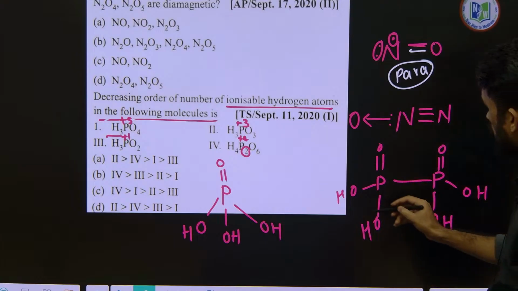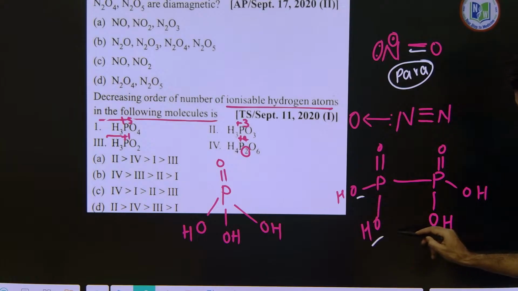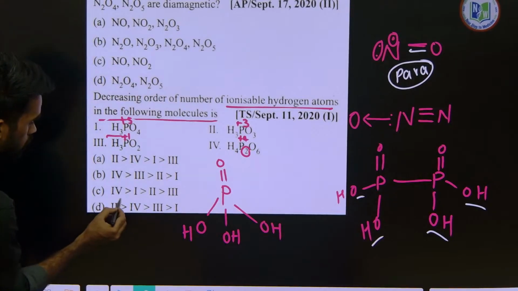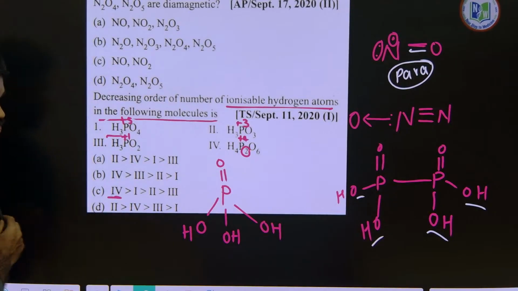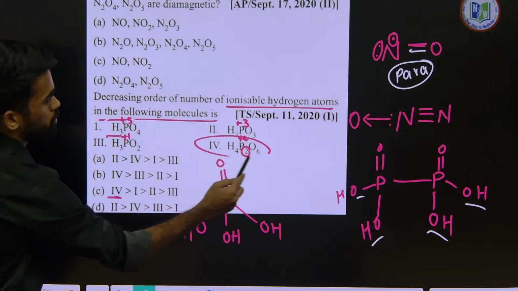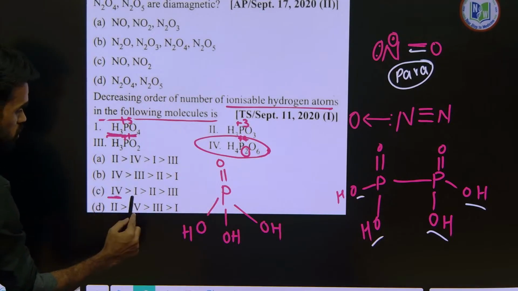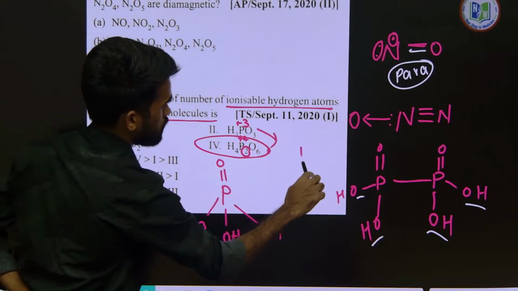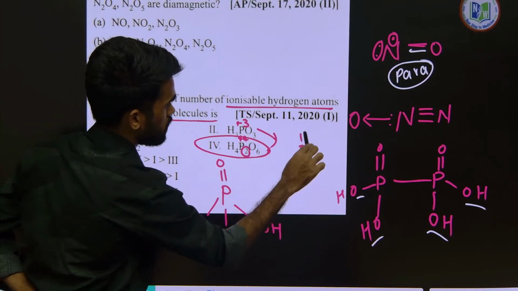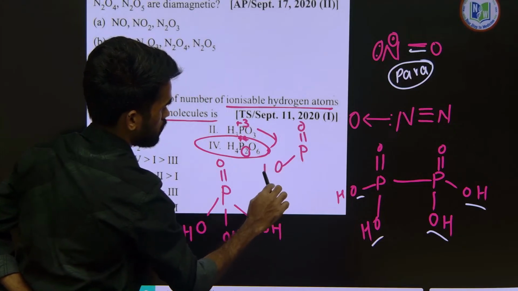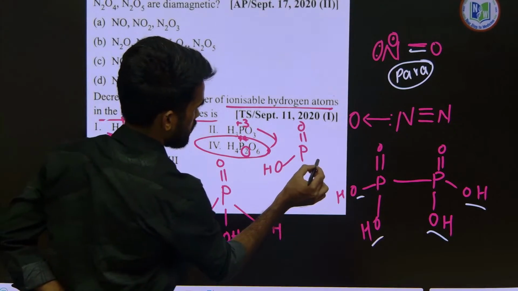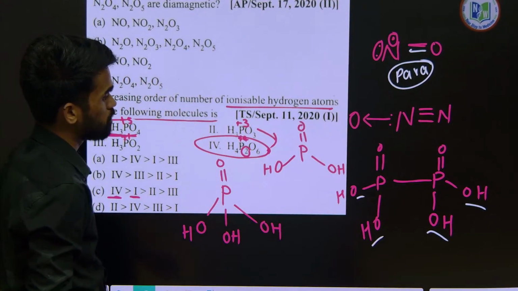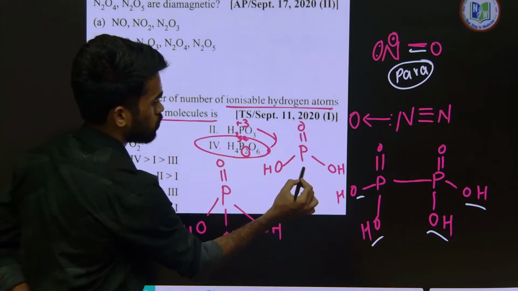Now how many hydrogens are ionizable here? 1, 2, 3, 4. So 4 hydrogens, option C. Maximum 4 comes from here, the next 3 comes from the first option, and the next, look at this H3PO3. The structure will look like P at +3 oxidation state, and the next OH; 1 hydrogen is remaining because out of 3 we used only 2.